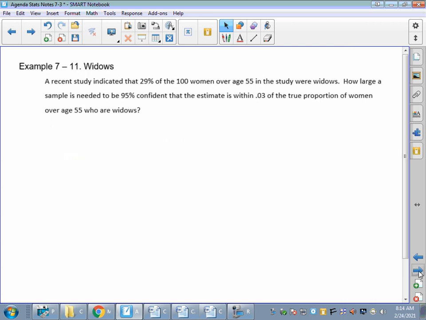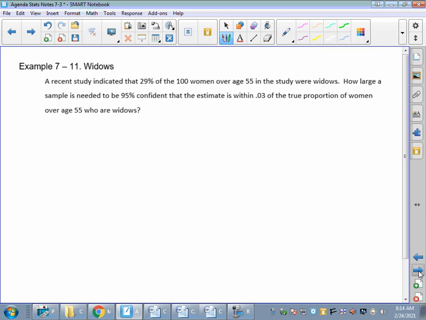A recent study indicated that 29% of the 100 women over age 55 in this particular study were widows. Their spouse passed away. How large a sample is needed to be 95% confident that the estimate is within 0.03 of the true proportion of women over age 55 who are widows? Lots of words, right? But we caught a bunch of stuff.